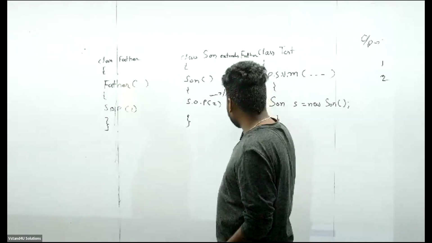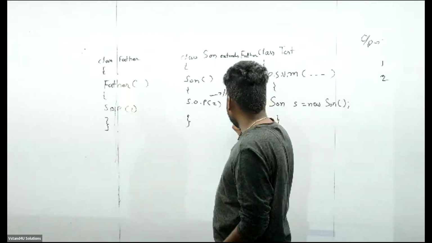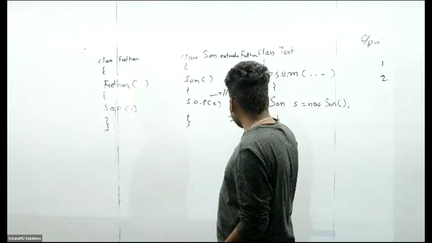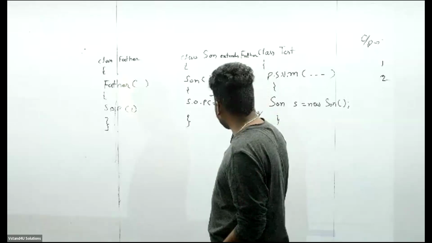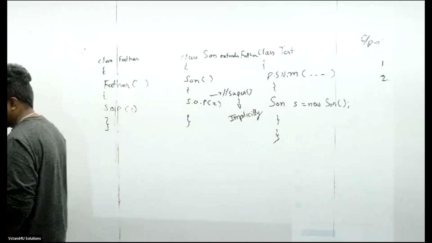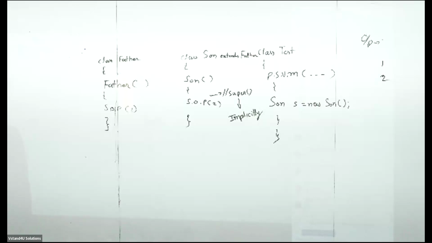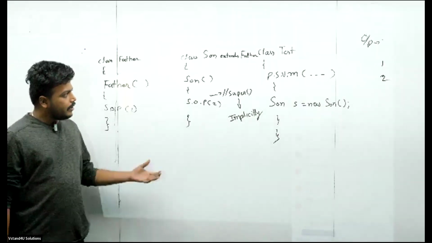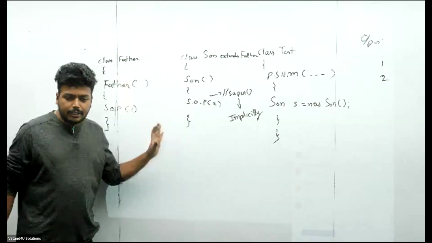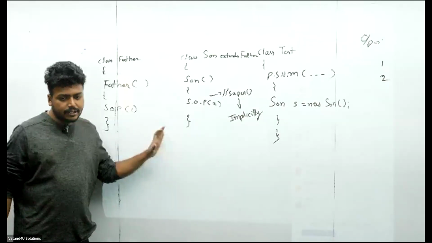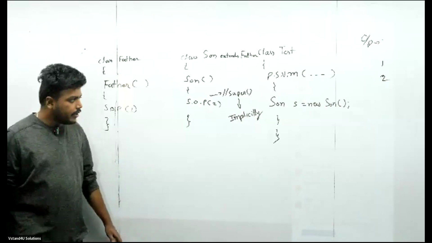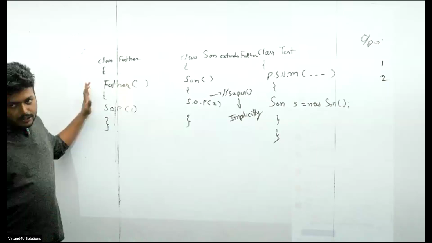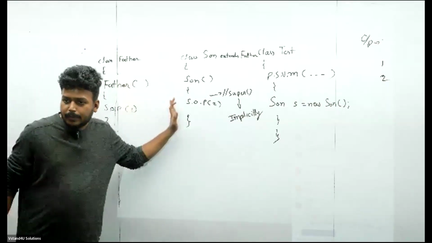Now listen. See, here constructor chaining is happening. How, sir? See, this is the super class, right? Father is the super class, son is the subclass.